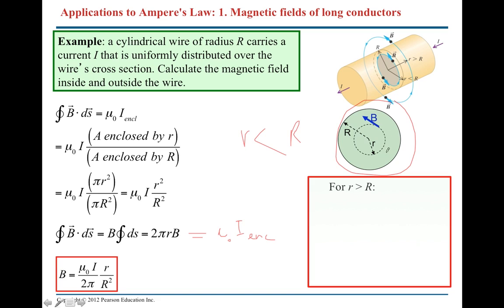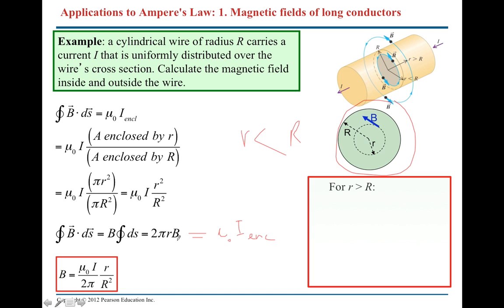So I am somewhere inside the wire. Then the enclosed I is simply I multiplied by the ratio of the areas, this area divided by the actual area, which is pi r squared divided by pi big R squared, and the pi's cancel. Then I enclosed is equal to I times r squared over big R squared.